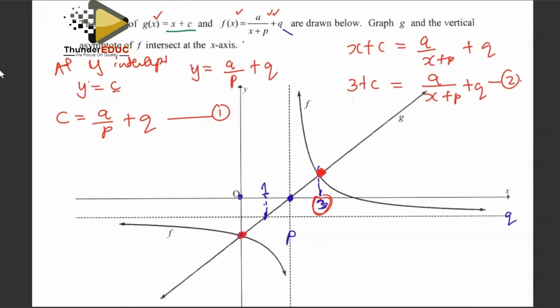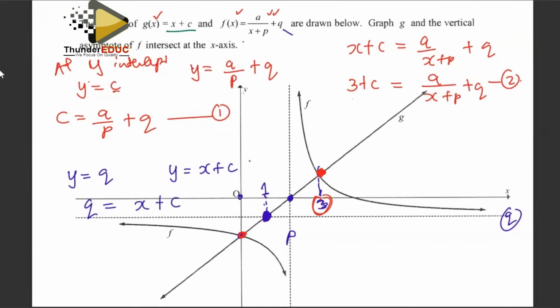We know that the equation of the horizontal asymptote is y is equal to q. But this asymptote is meeting up with a straight line, which is y is equal to x plus c. What does that mean? That at this point of intersection, the two will be equivalent to each other, meaning that q is the same as x plus c.